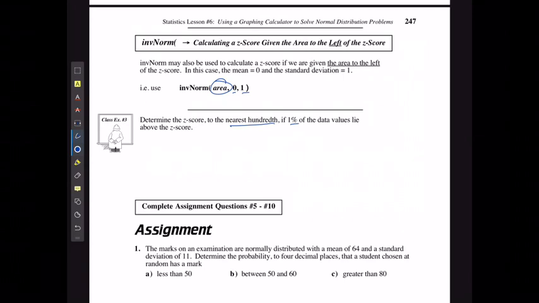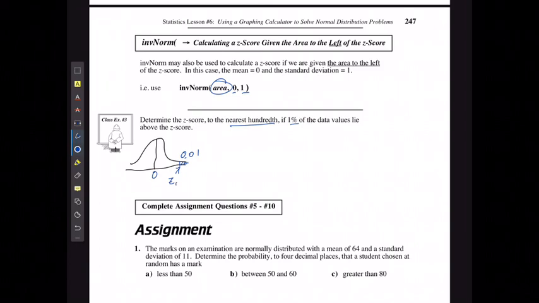Well, draw the little picture. This would be at 0. The area above is 1%, so 0.01. And I want to solve for what the z-score is.